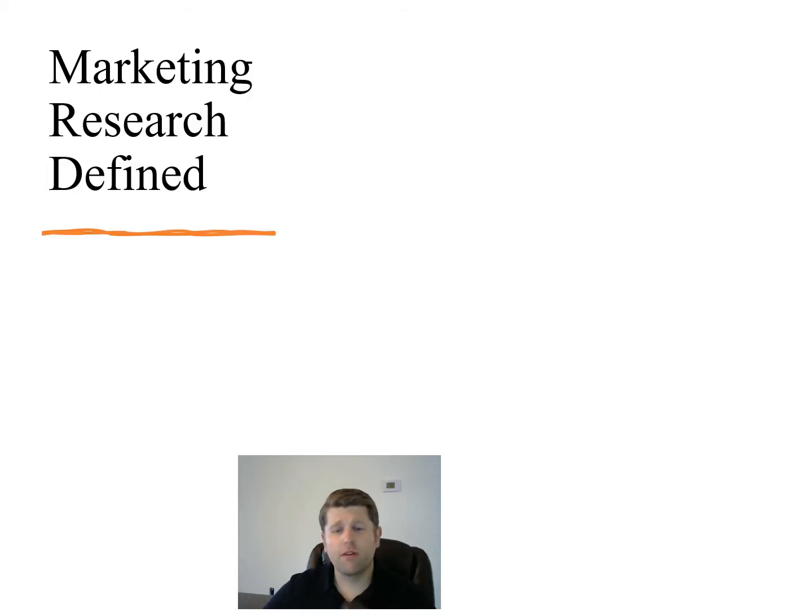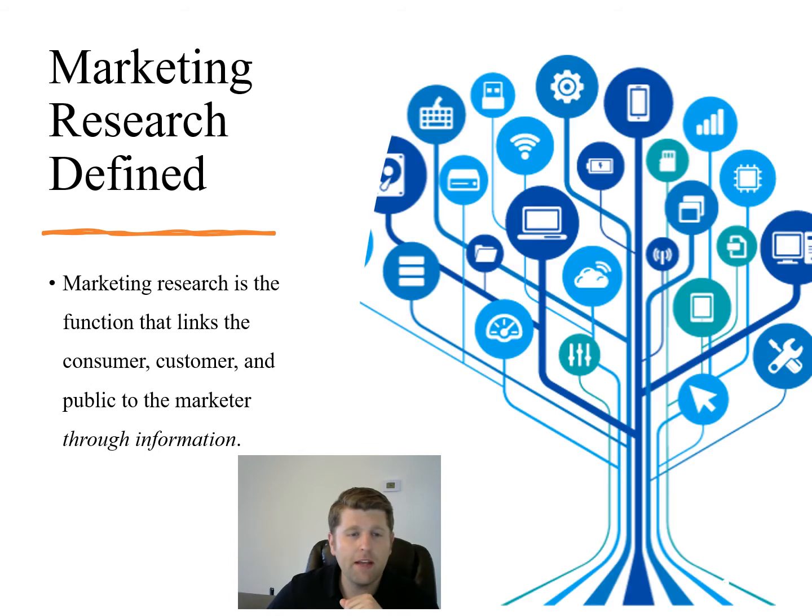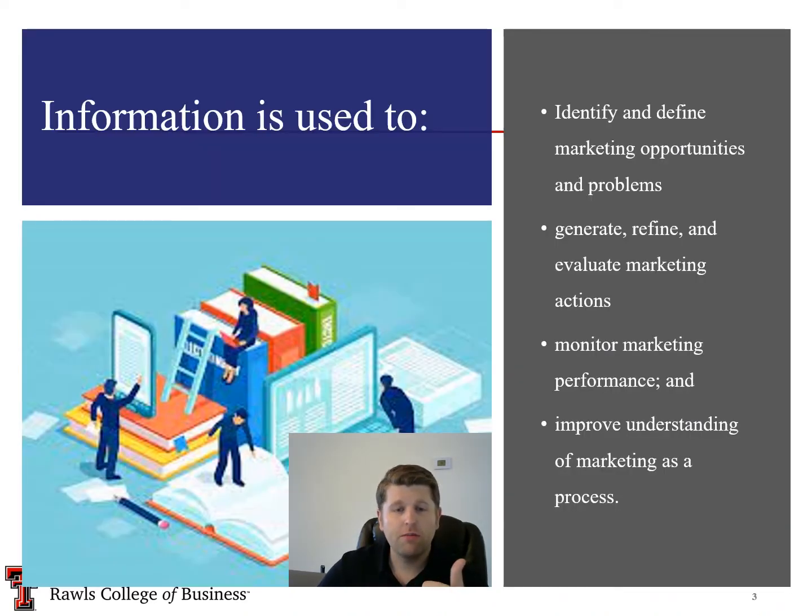So just to provide a background of what marketing research is, we can look at the AMA definition of marketing research. That is a function that links the consumer, customer, and public to the marketer through some type of information. Now, information is used in several ways, but from a strategic standpoint, what marketing research and the information obtained from marketing research is used for is first to identify and define opportunities and problems, threats, weaknesses.